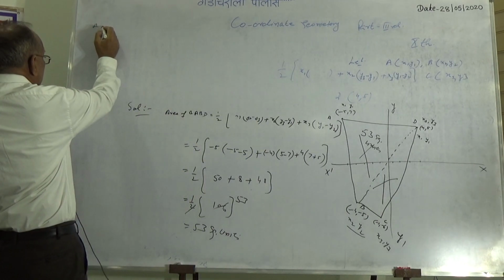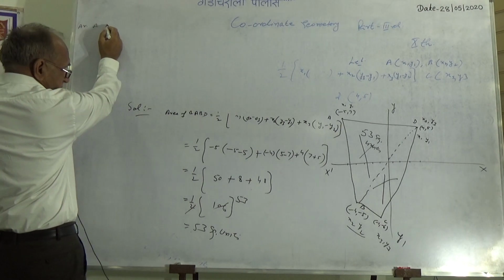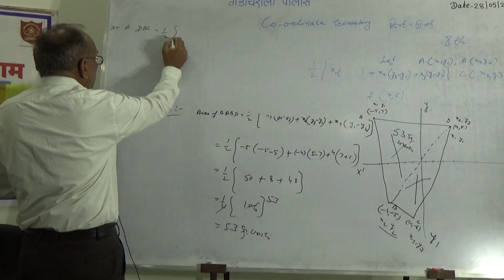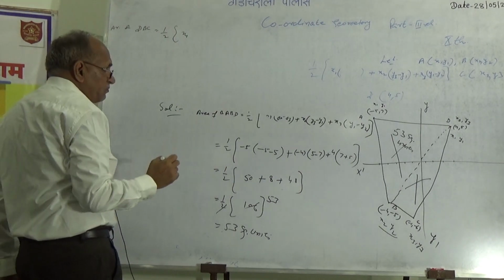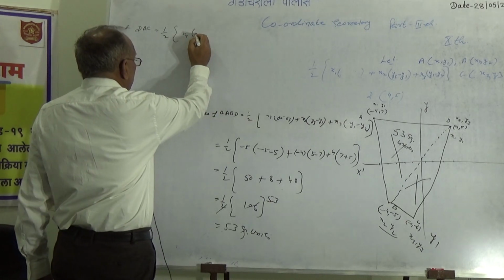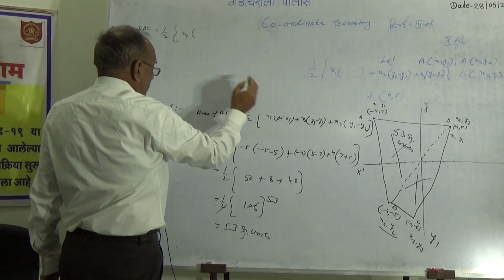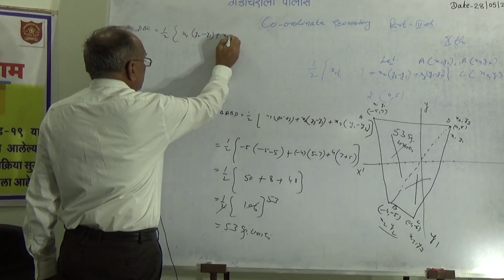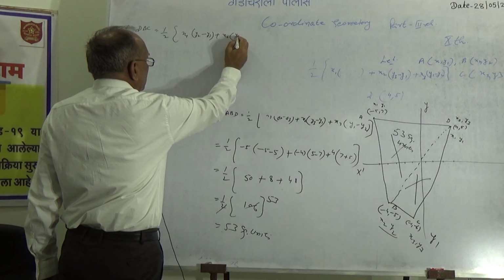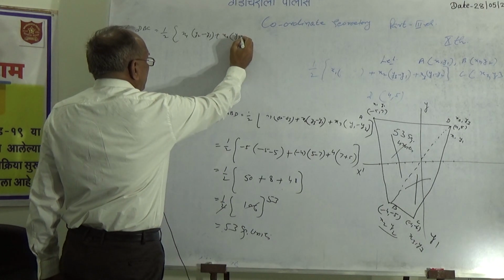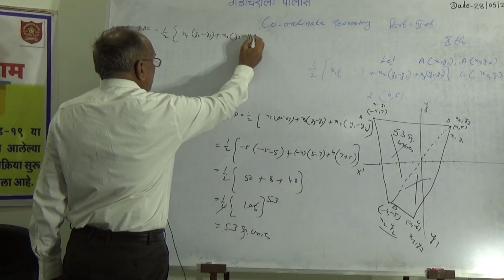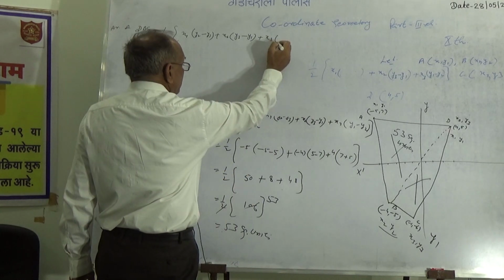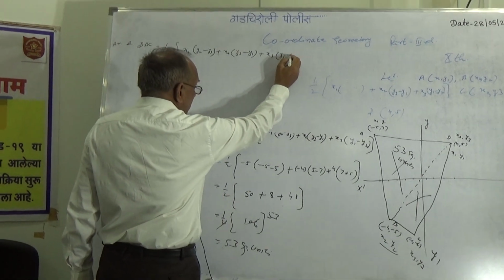Area of triangle DBC is equal to 1 over 2 [x1 (y2 minus y3) plus x2 (y3 minus y1) plus x3 (y1 minus y2)].